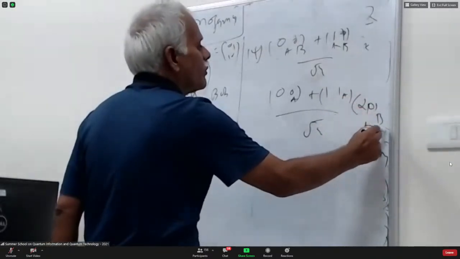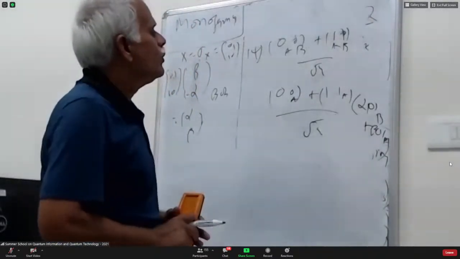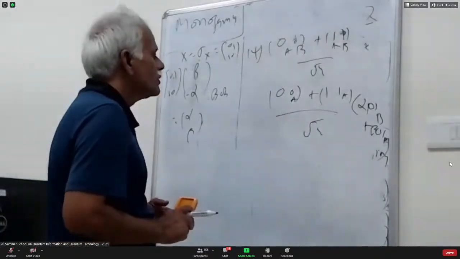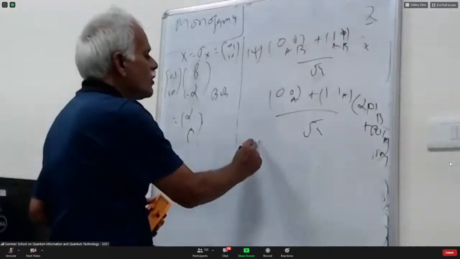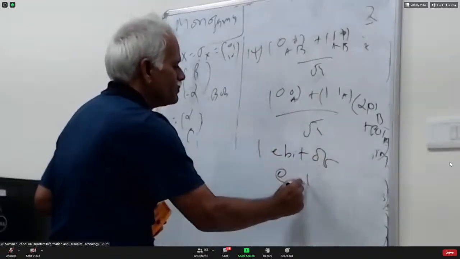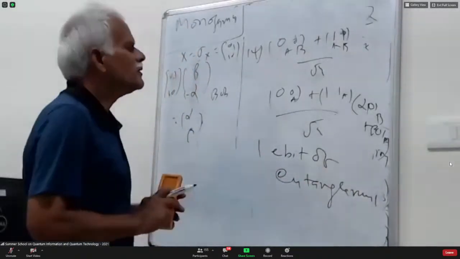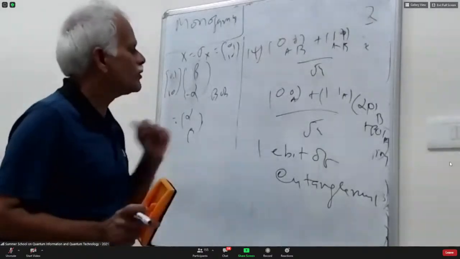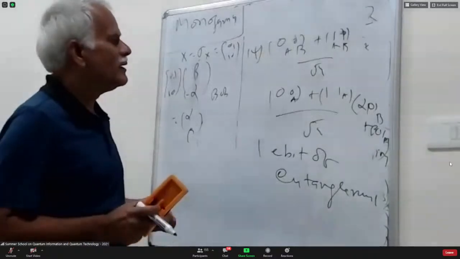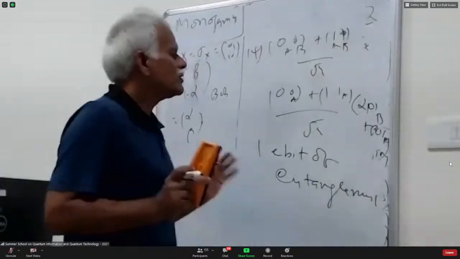You can easily compute that this state has 1 unit of entanglement. So 1 unit of entanglement has been lost. So that money has to be paid. Because you have to bring them together, you have to create them in the lab, so that amount you have to pay. So this is the point.